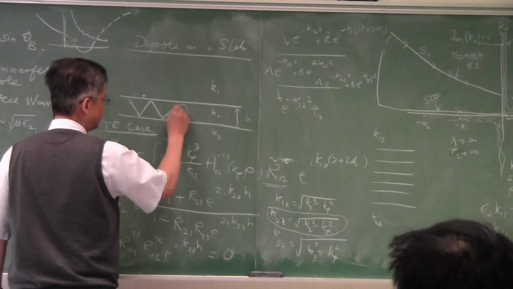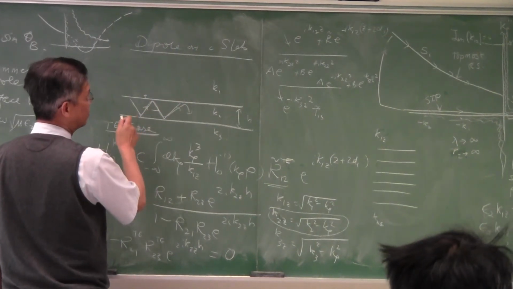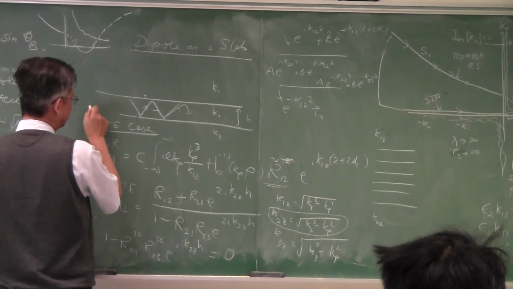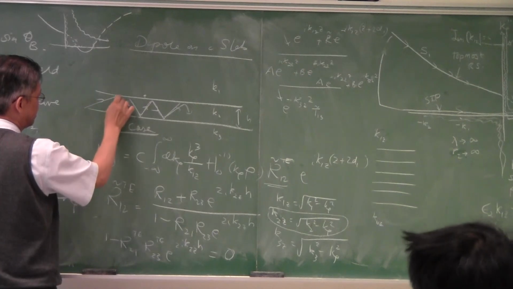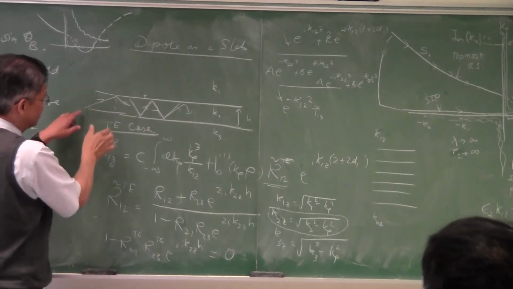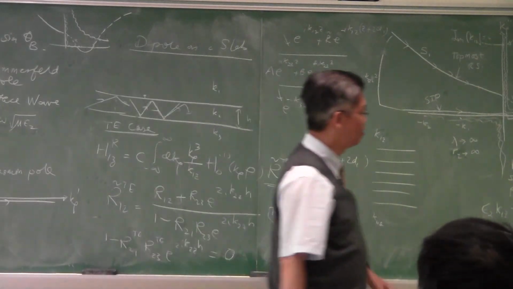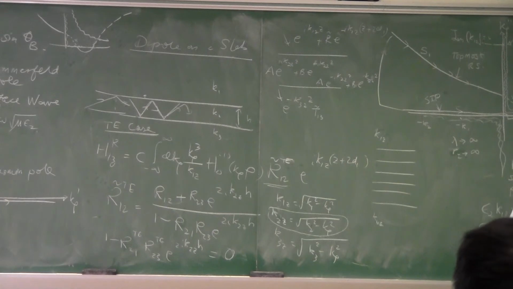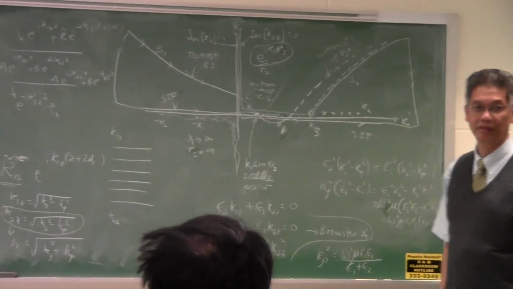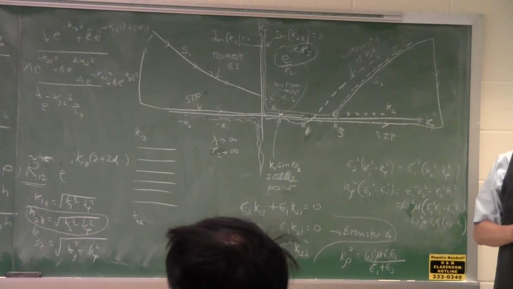If the wave bounces around, this K rho is essentially given by the component of this K vector. This K rho is never going to be larger than K2. So the poles are all going to be over here, but never larger than K2, because it has to be a bouncing wave in region 2, the guided mode.